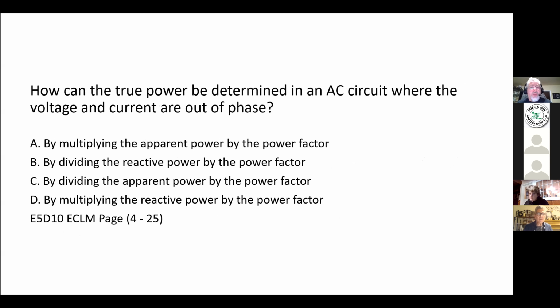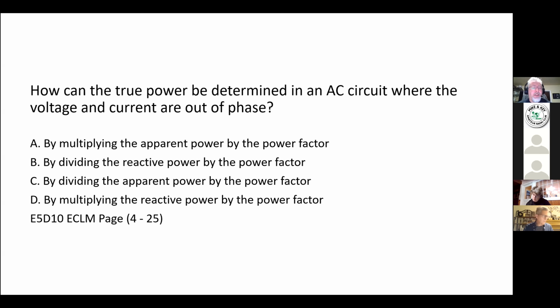How can true power be determined in an AC circuit where the voltage and current are out of phase? A, by multiplying the apparent power by the power factor. B, by dividing the reactive power by the power factor.